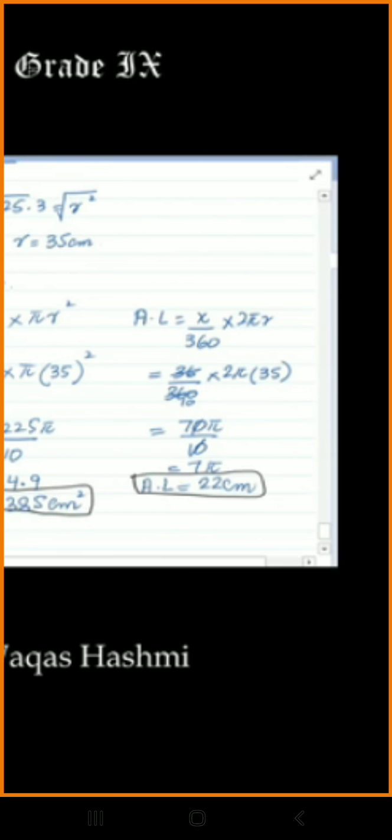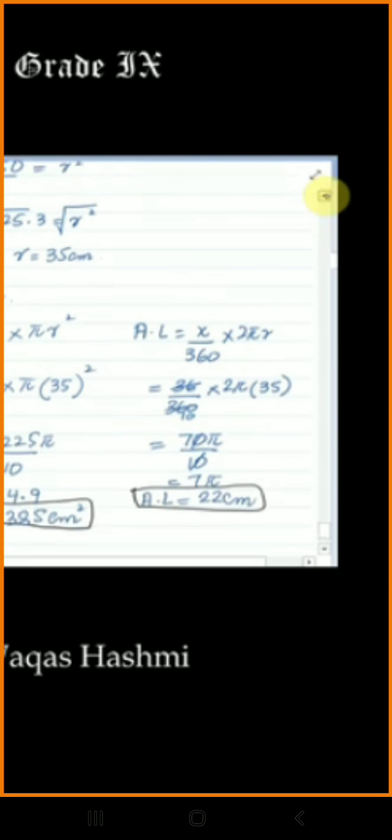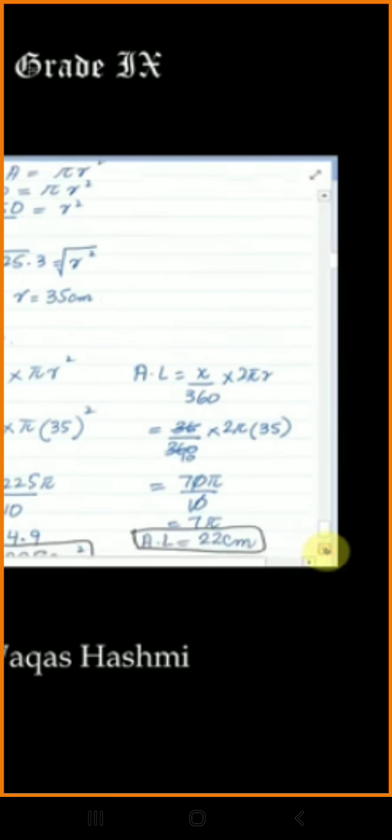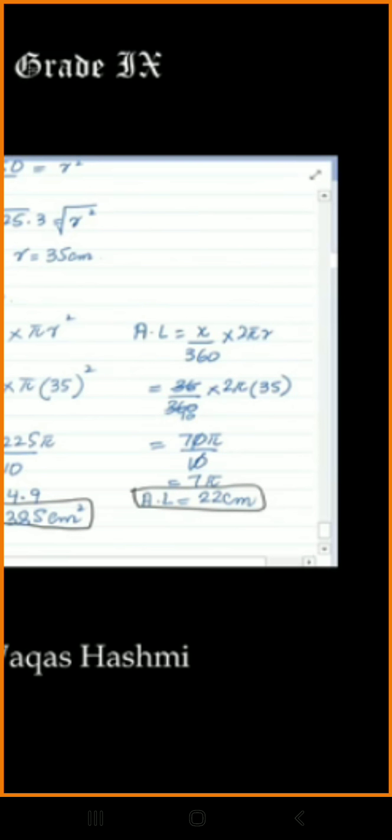So the second part you need to do as homework. Now part C. Angle is 108 degrees. Keep in mind we are looking for the area of the minor sector. So 108 is less than 180, so that is the required angle. Now the area.